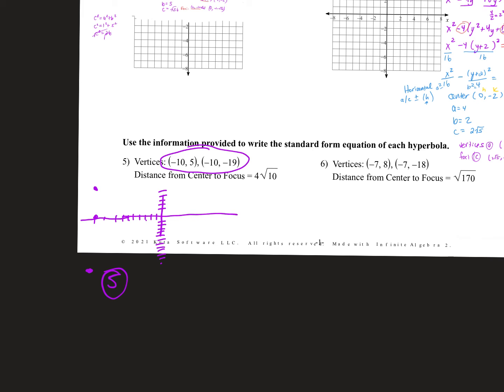What's 5 and -19? -14 divided by 2 is? So my center is at what? -10, -7. Agreed? So my h and my k is -10, -7.